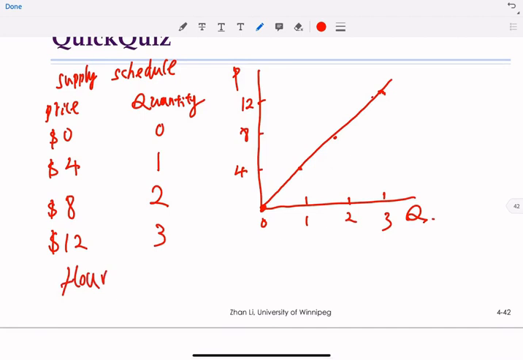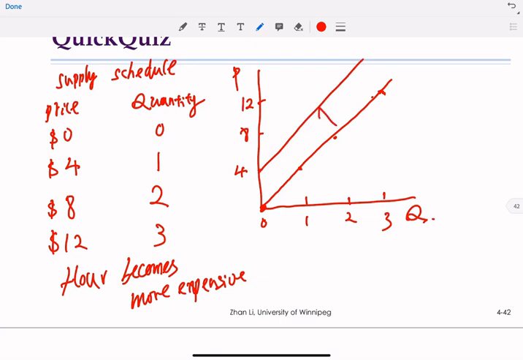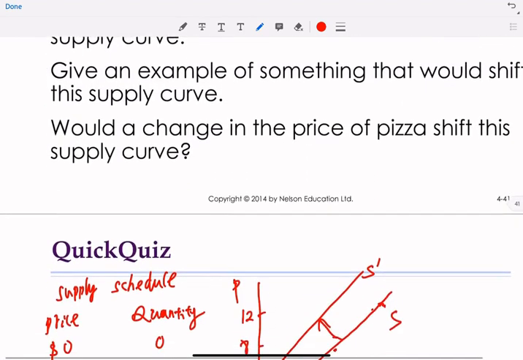So let's say flour becomes more expensive. So in this case, flour is a kind of input. And we have learned if input price increases, the supply curve should move to the left, right? So let's say this is the first supply curve. The second supply curve is called S prime.